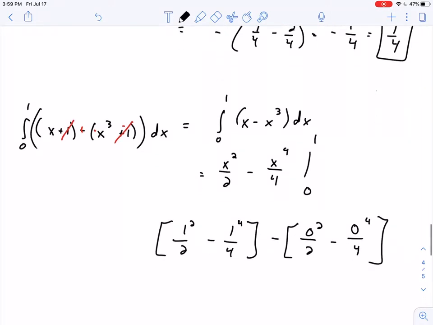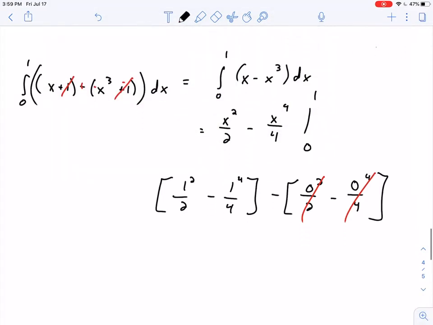And once again here, 0 squared over 2, that's 0. 0 to the 4th over 4, that's going to be 0. Please make sure you double check your work and make sure that that is the case. Here we're working with a polynomial, so it is. We don't need to worry about it.